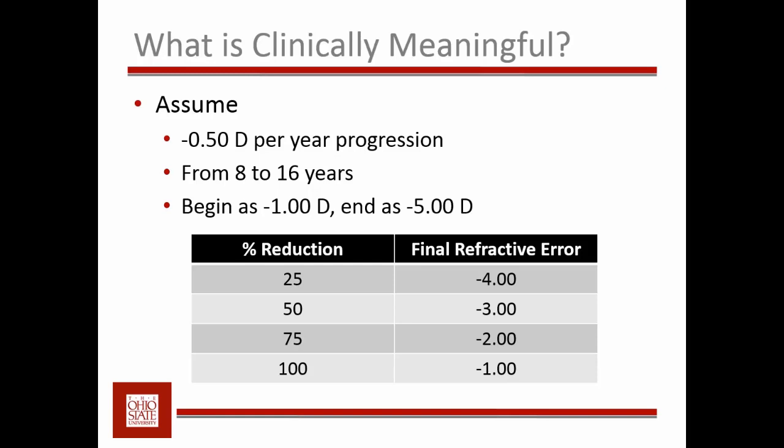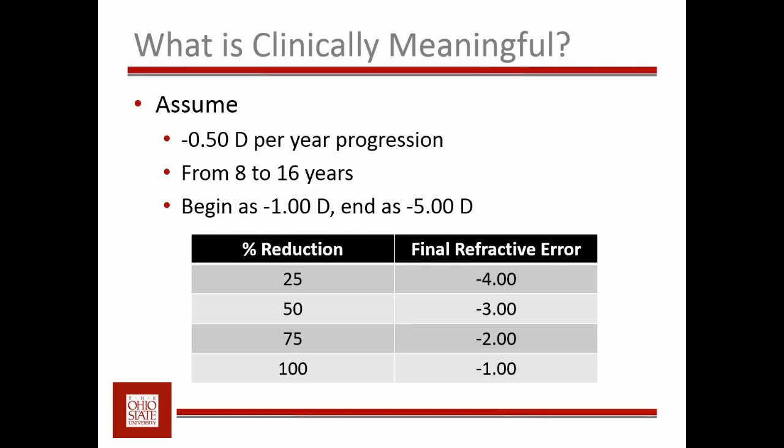With those in mind, I frequently ask at various lectures what people think is a clinically meaningful slowing of myopia progression. There are a few people who think 25% is. Almost everybody raises their hand at 50% reduction in myopia progression, and there are just a few again who don't think it's even clinically meaningful until 75%, or maybe even stopping it.